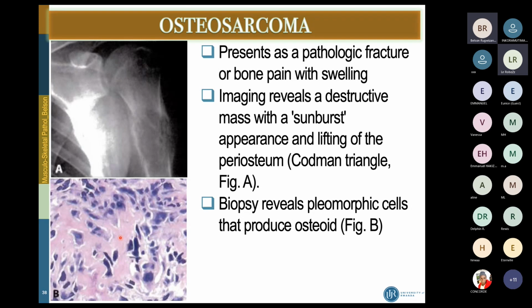Ibyo tunabyitaho cyane kubera ko osteosarcoma ifata abantu bakiri bato, around 20 years, mu gihe chondroblastoma ifata abakuze. So iyo tubona umuntu yari afite imyaka 40 ukabona afite features okay, umuntu afite 20 years afite features of chondrosarcoma, ubyibaza niyo mpamvu ushaka byanze bivuze niba nta hantu hari osteoid.